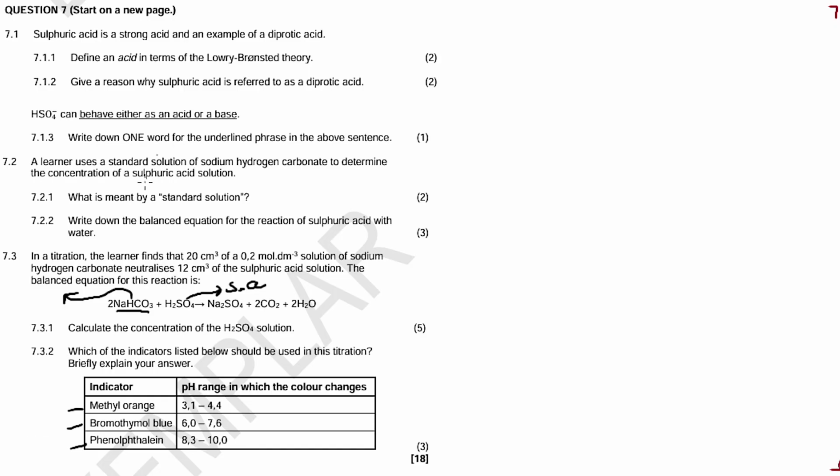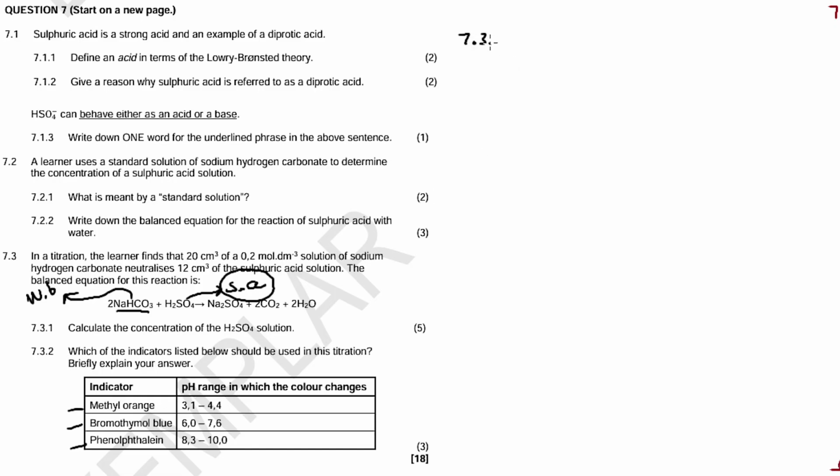It is a weak base. So we have a weak base reacting with a strong acid. So I'm expecting the end point to be slightly acidic, because the strong acid will take over.